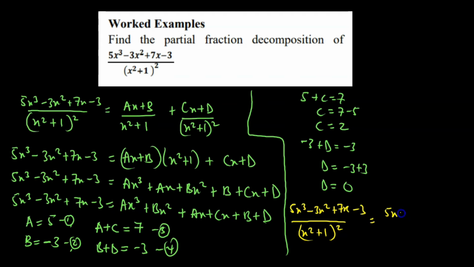B value is negative 3, so it will be minus 3 all on (x squared plus 1). Then c value was also 2, so plus 2x plus d. D is 0, so all divided by (x squared plus 1) all squared. So this is the partial fraction decomposition of the rational function (5x cubed minus 3x squared plus 7x minus 3) all on (x squared plus 1) all squared.